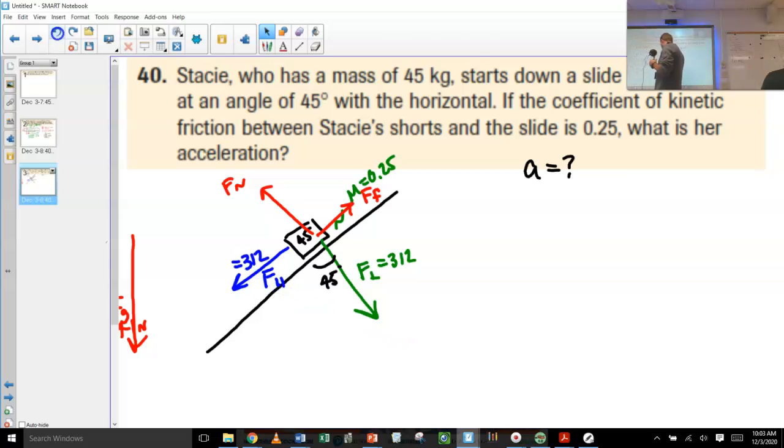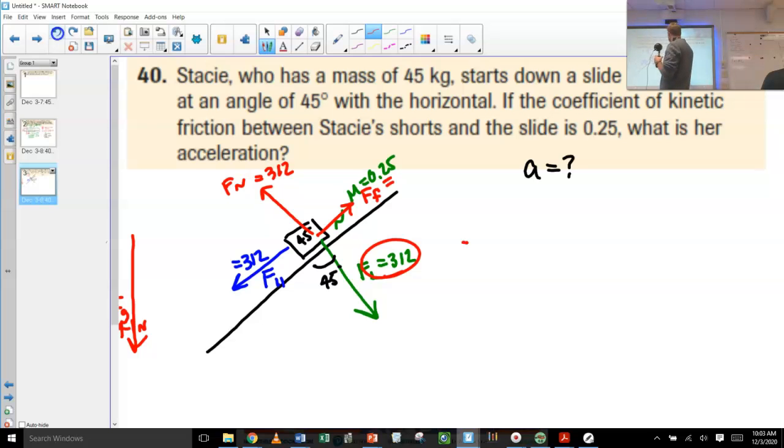So now, my normal force I know is 312, because it's the same as that. And now I can find my force of friction. Coefficient times the normal, which is 0.25 times 312. So 312 divided by 4, you end up with 78.